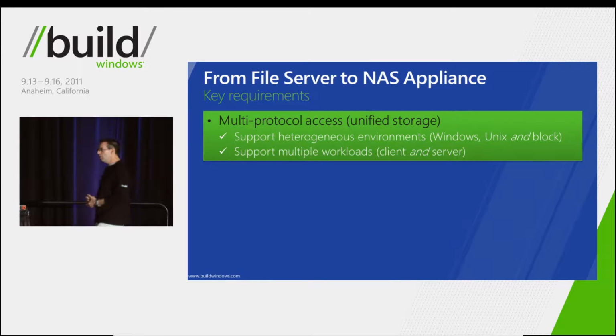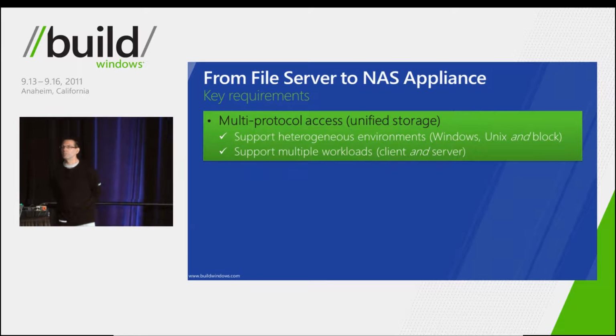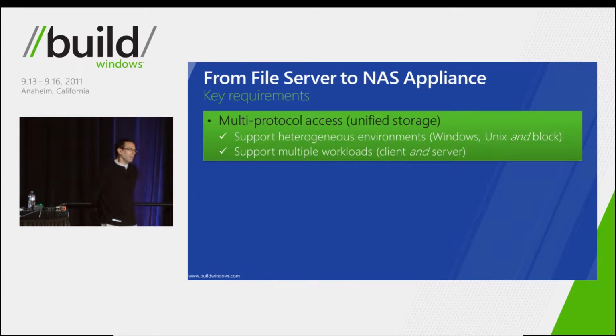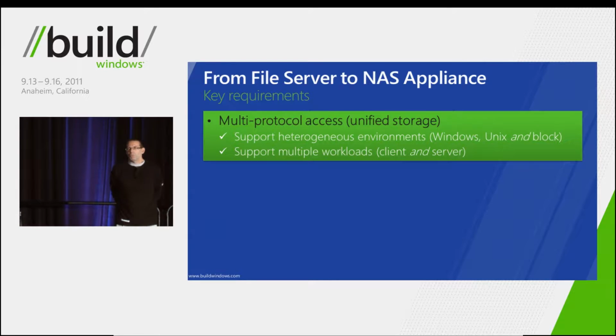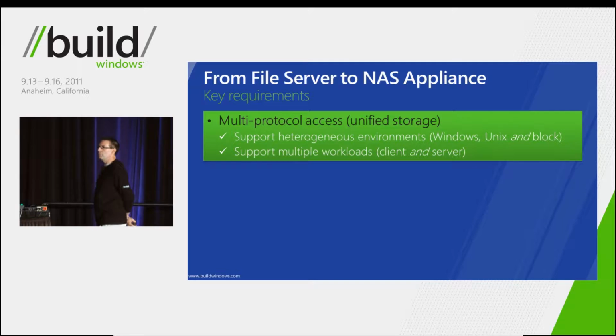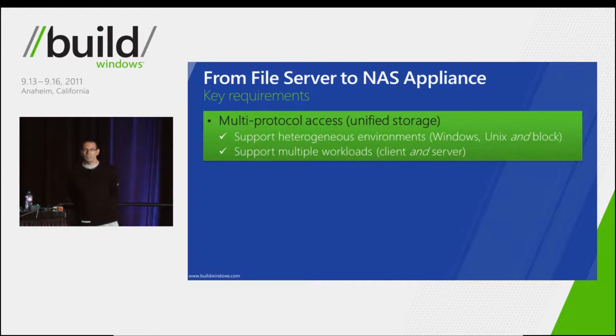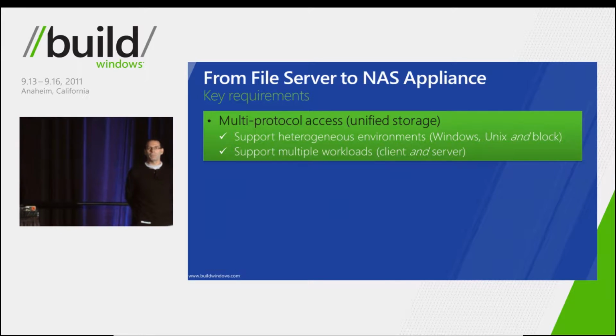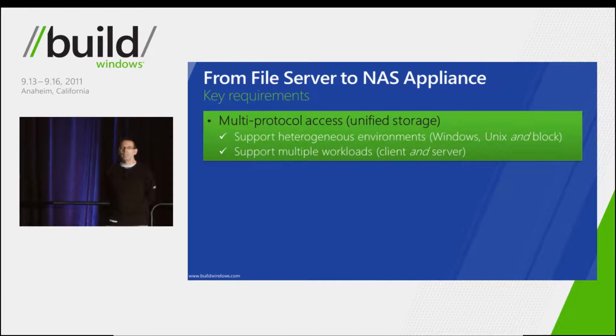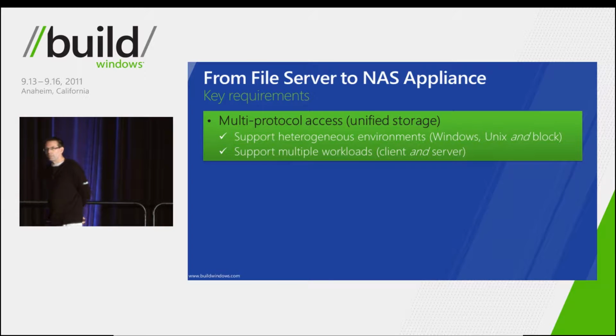So, what are the key requirements for a NAS appliance? In the marketplace, we're seeing that NAS appliances require multi-use capabilities. That multi-use has two dimensions, we believe. One is about heterogeneous environments in terms of the software stacks: Windows and Unix, file and block.